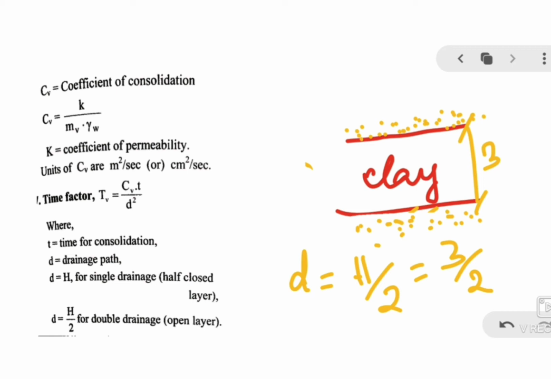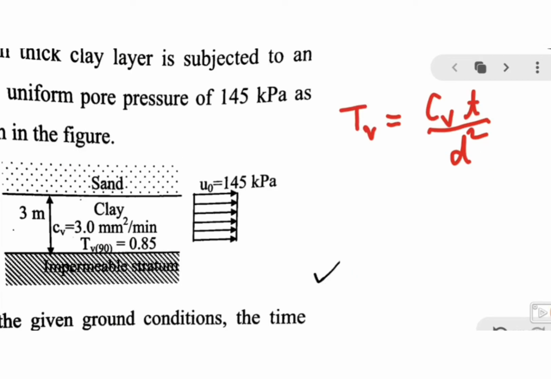So in the given problem, it is given to be single drainage. Sand is present only at the top. The bottom side is an impermeable stratum. So CV they have given, TV they have given, and d we can take from here. So 3 meter and single drainage, that means as it is, you will substitute in the formula.